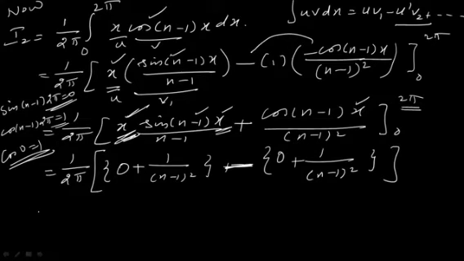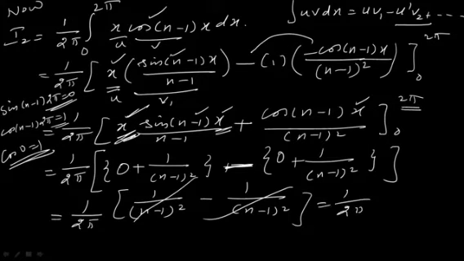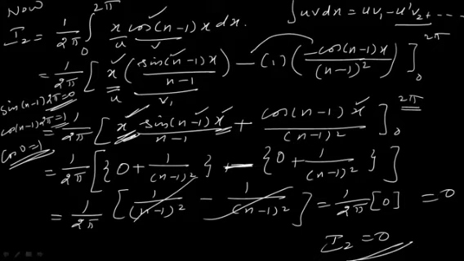So that is equal to 1 by 2π of 1 divided by (n−1) the whole square minus 1 divided by (n−1) whole square. These two are same in magnitude, opposite in sign, so both of them cancel. So you get 1 by 2π of 0. That is the value of I2, we get the value 0.